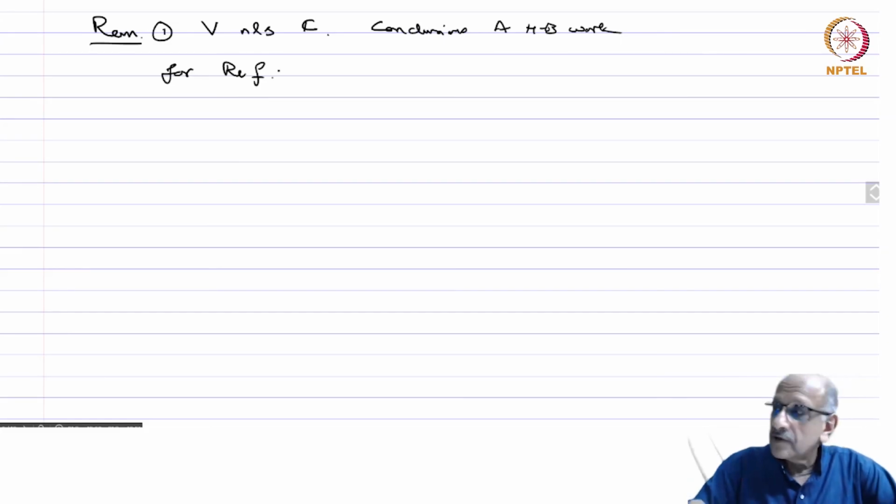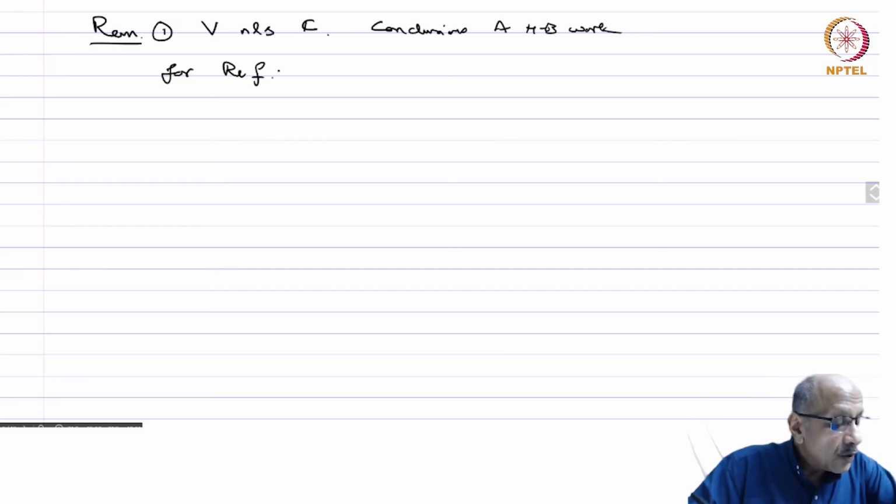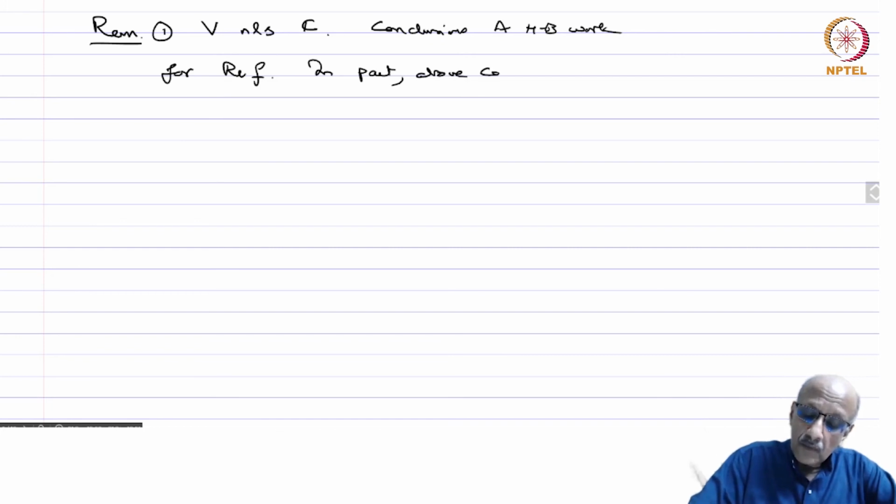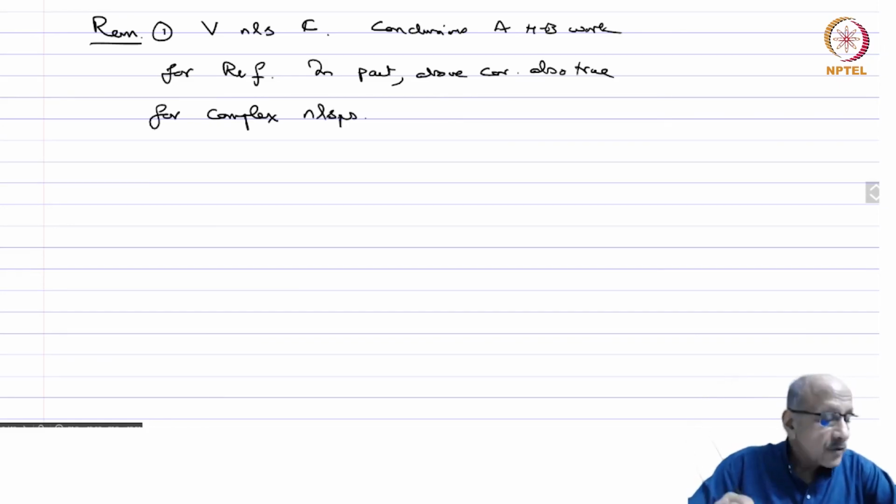Because you can consider V as a real normed linear space and real f, and therefore you can say the whole thing. So in particular, the above corollary is also true for complex normed linear spaces. So this is one way, and we will give another proof in the exercises using the extension form of the theorem.